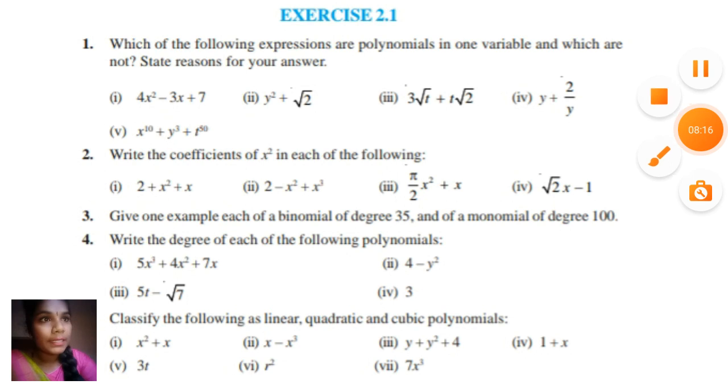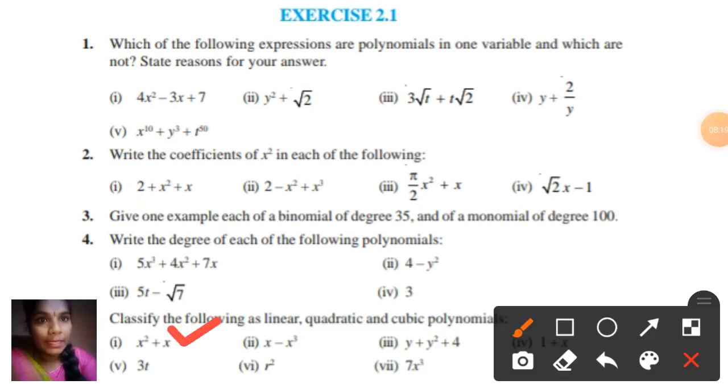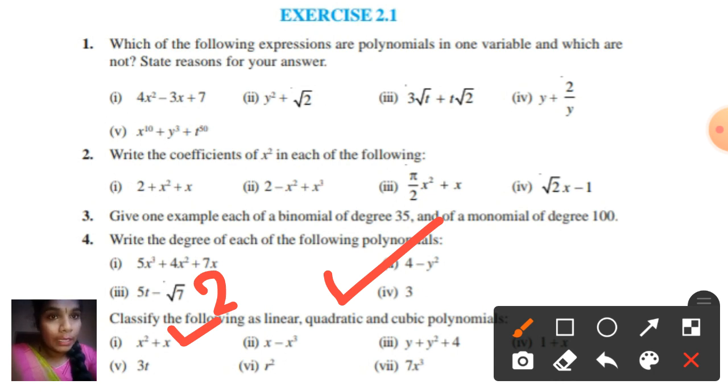In our first problem, x square plus x, the highest power of this expression is 2. 2 means it is a quadratic polynomial. If the highest power of an expression is 1, it comes under linear. If the highest power is 2, it comes under quadratic. And if you have 3, it comes under cubic polynomial.